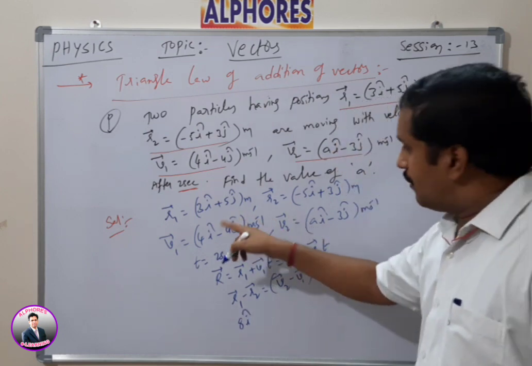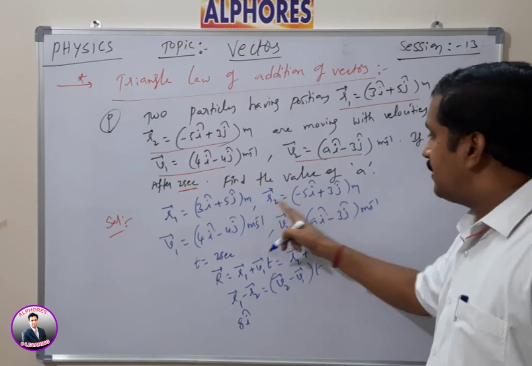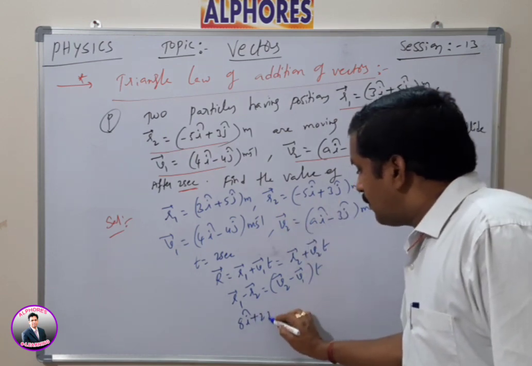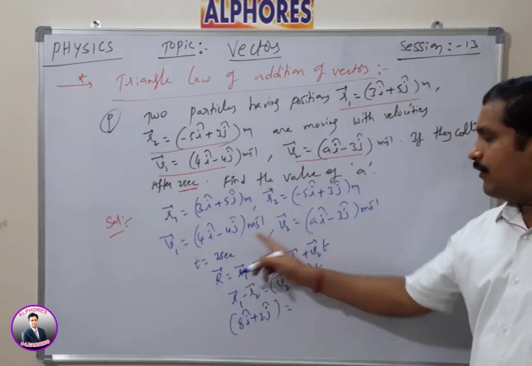Is it correct or not? Now again 5j cap minus 3j cap, how much? Plus 2j cap, which is equal to V2 minus V1.